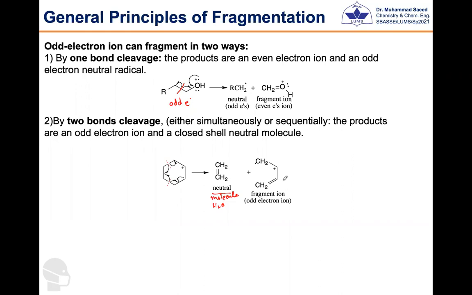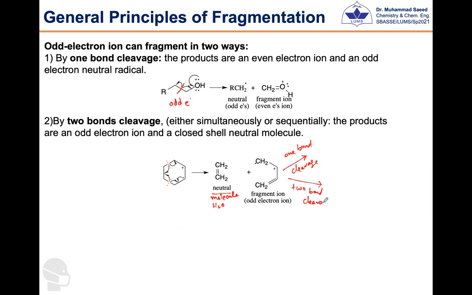So the odd electron ion can again have two fates. For example, this ion can undergo one bond cleavage, or it can still undergo two bond cleavage.